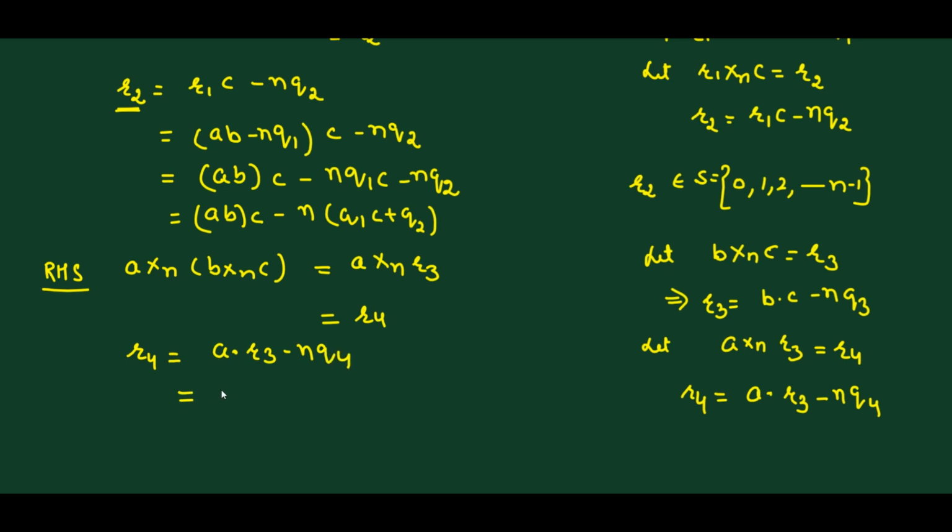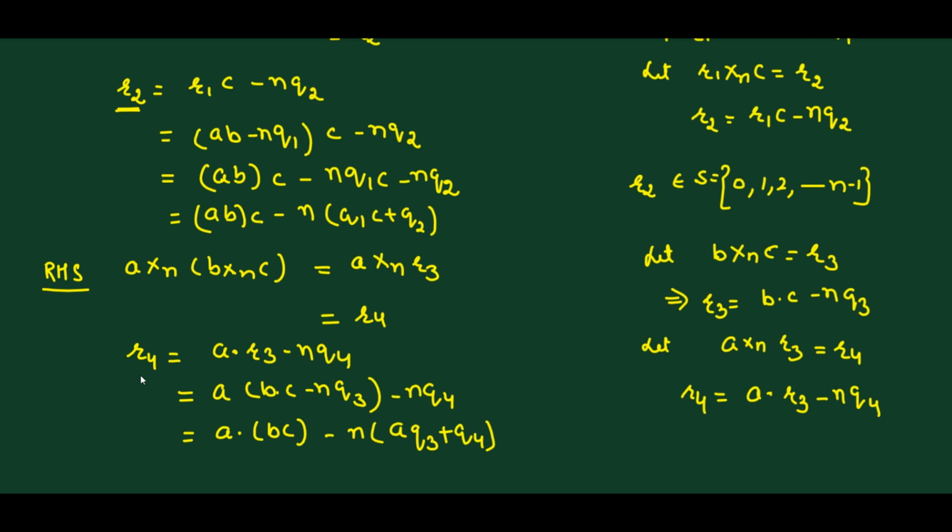R4 is A R3 minus NQ4. Now substitute the value of R3: B into C minus NQ3, minus NQ4. Open the bracket and maintain the grouping: B into C minus N times AQ3 plus Q4.